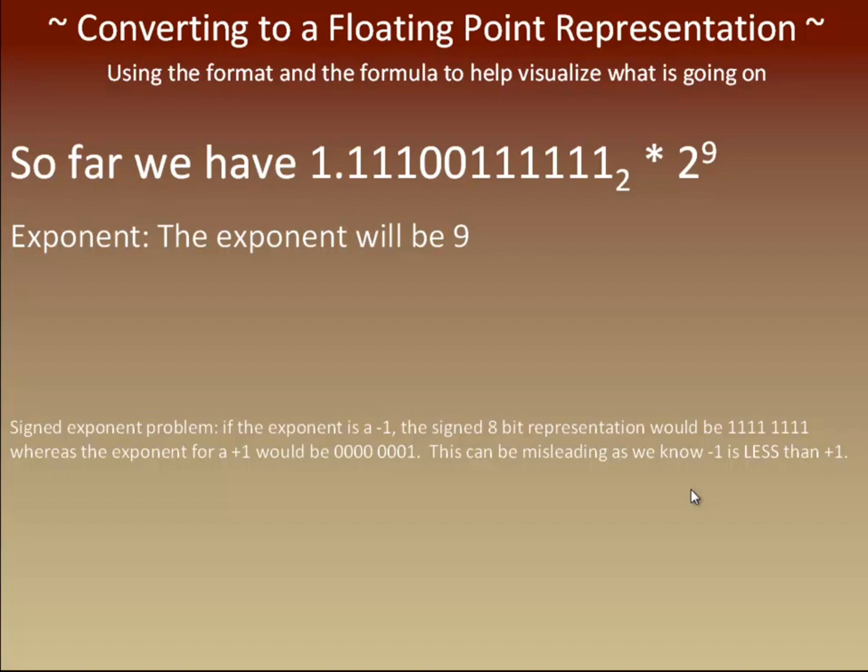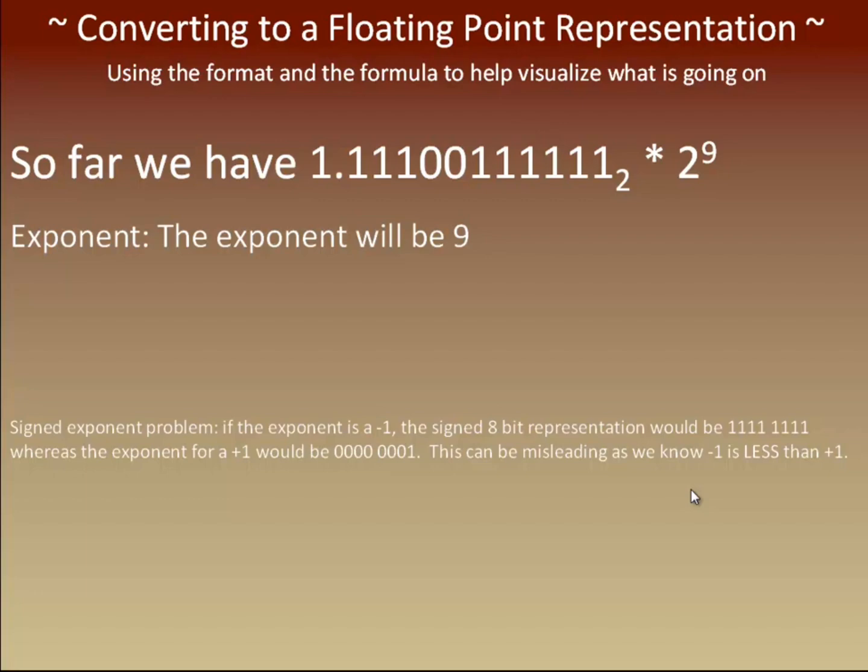For example, if the exponent is negative 1, the signed 8-bit representation would be 11111111, whereas the exponent for a positive 1 would be 00000001. This can be misleading because we know a negative 1 is less than a positive 1.